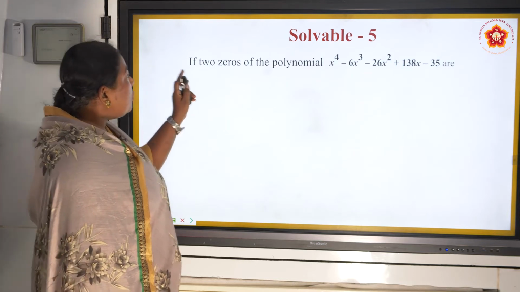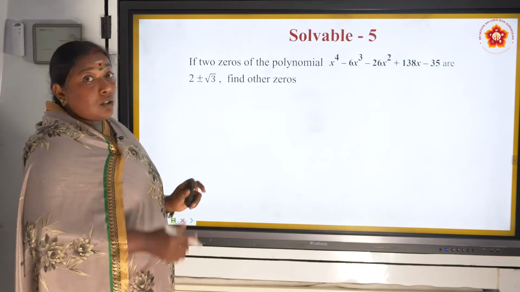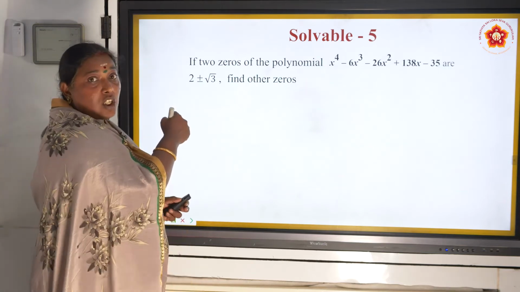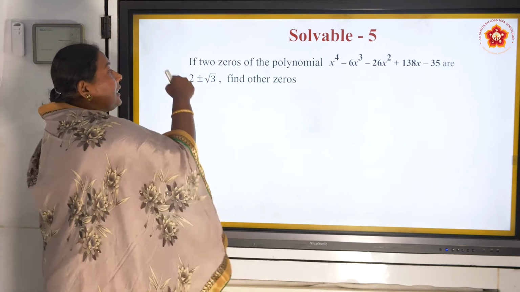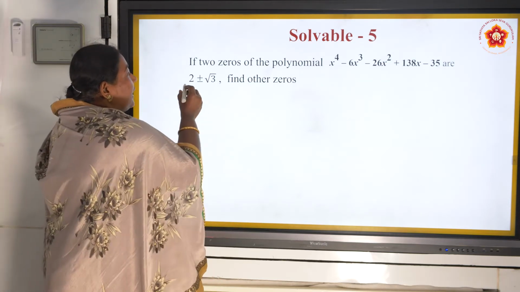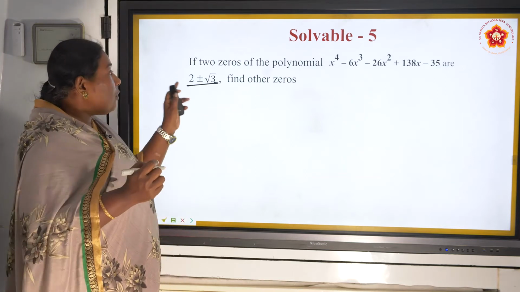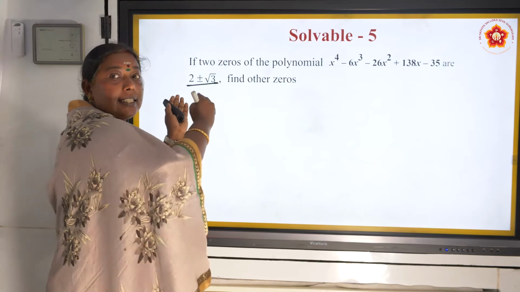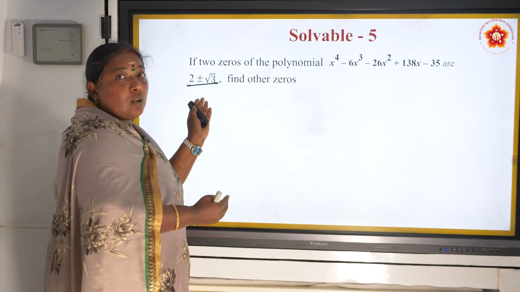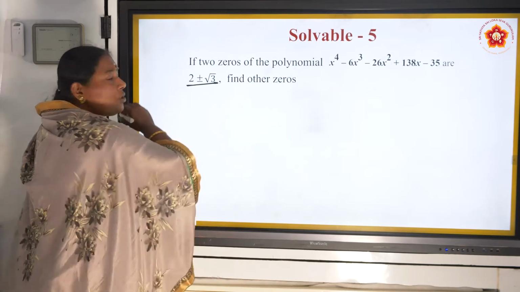So, here, two zeros of the polynomial are 2 plus root 3 and 2 minus root 3. So, what is the difference between the first sum and the second sum? In the first sum, they have given the factor. Right? Here, they have given zeros. So we have to make the zeros as factors first.